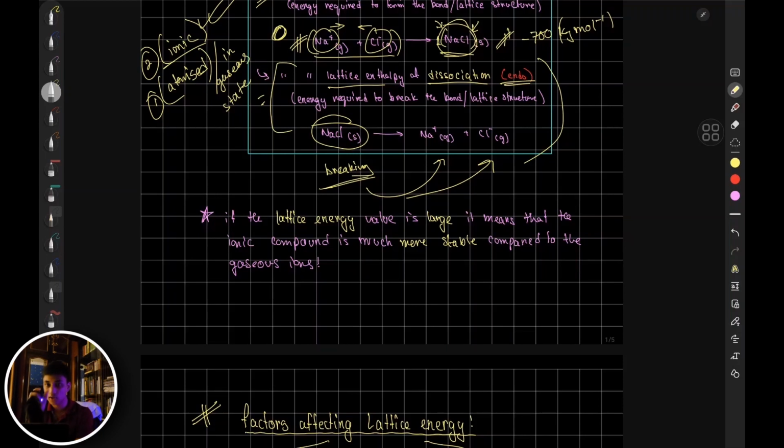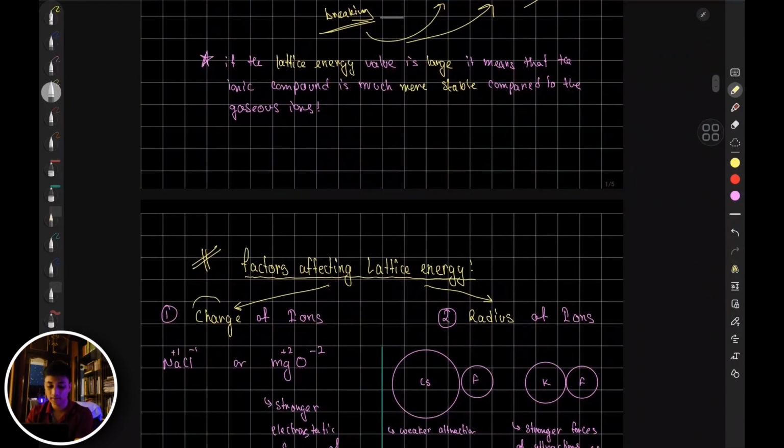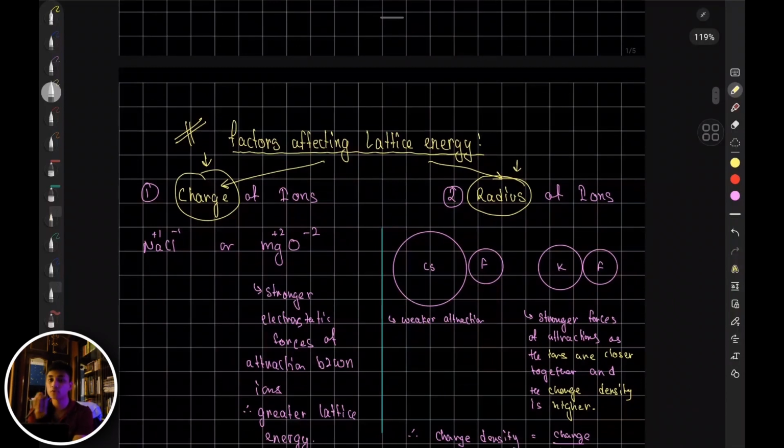Those attractive forces are affected by, one, the charge, which is more important, and two, the radius, which is a bit less important. Why? I'll explain that as well. So the attractive forces between the ions are affected by the charge and radius.